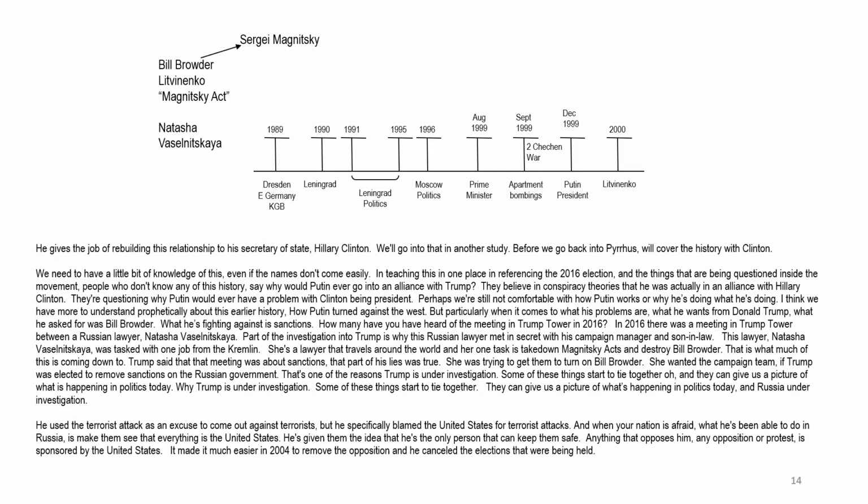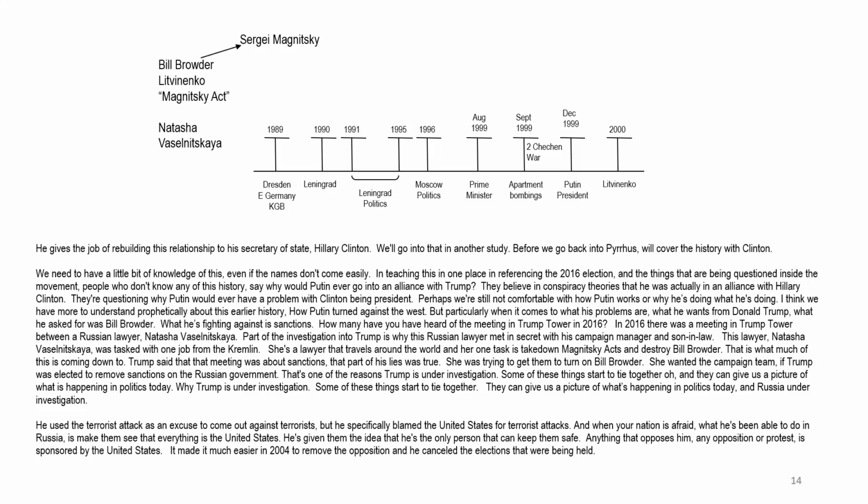So we need to have a little bit of knowledge of this, even if the names don't come easily. In teaching this in one place and referencing the 2016 election and the things being questioned inside the movement, people who don't know any of this history say, why would Putin ever go into an alliance with Trump?